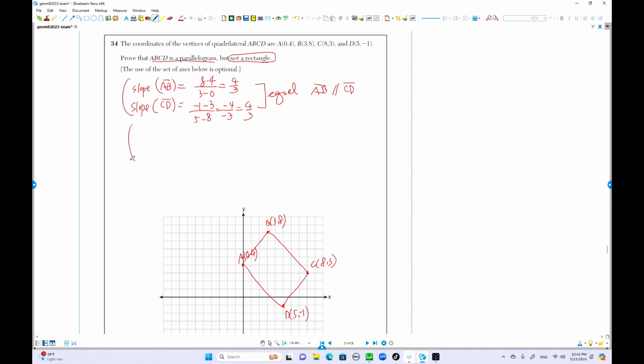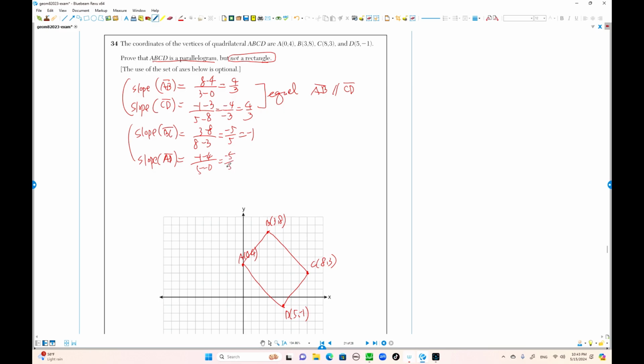Now the next opposite side is the slope of BC. How much? 3 minus 8 over 8 minus 3. And that is negative 5 over 5 equals negative 1, okay? Now the opposite side, AD: negative 1 minus 4 over 5 minus 0.